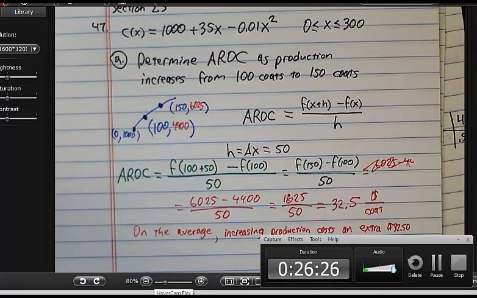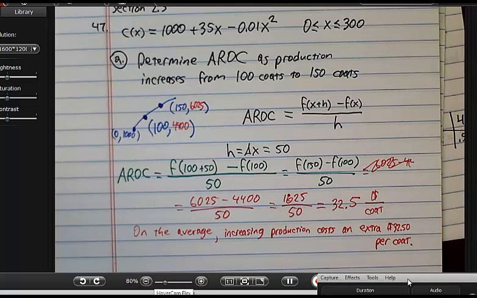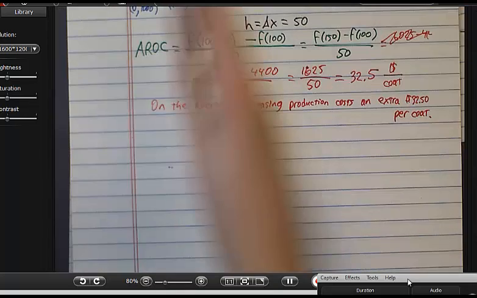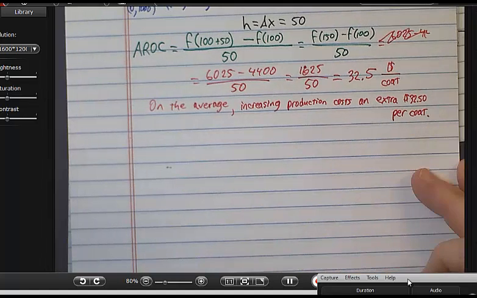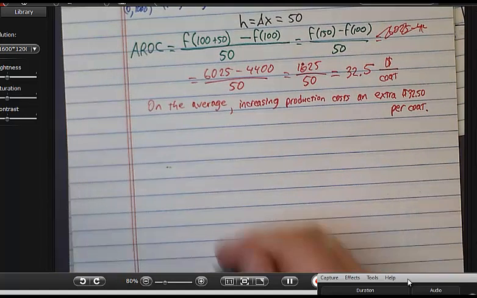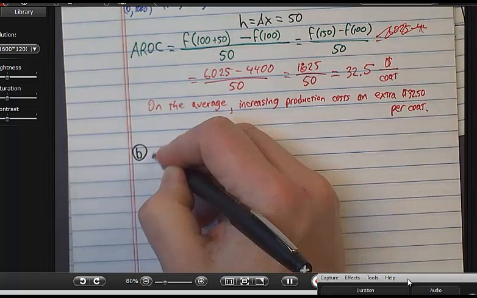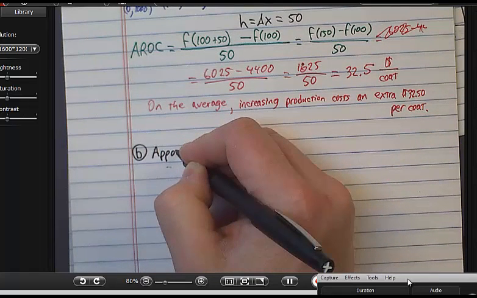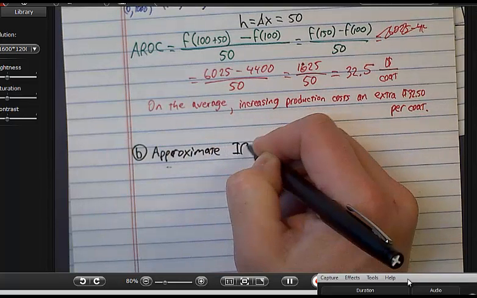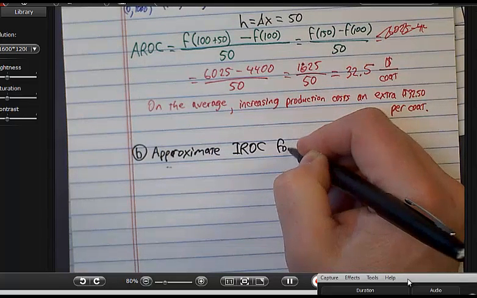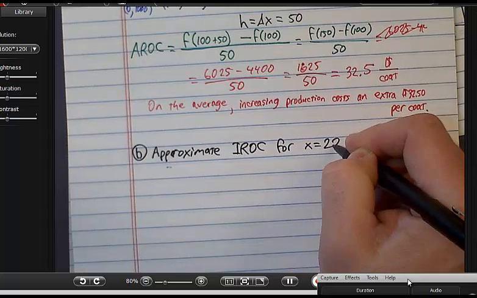Okay, here we go. Part B. So it says approximate IROC, the instantaneous rate of change when the production level is 200 coats. Well, that's X, the number of coats, right?